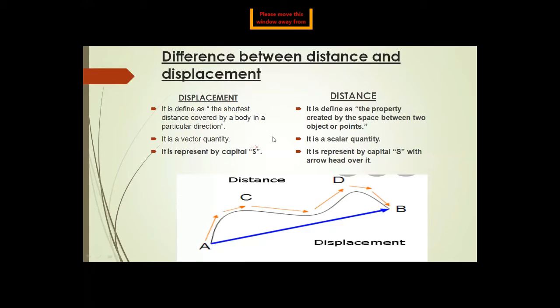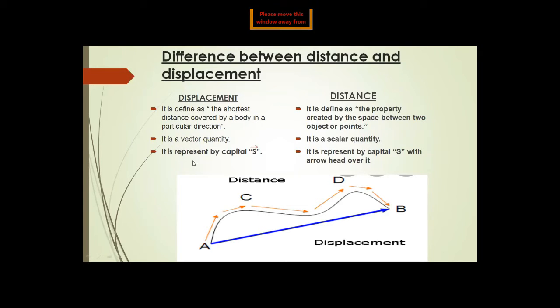For writing the difference between the two objects, first of all we just have to write the definition. So first we are writing the definition of the displacement: the shortest distance covered by a body in a particular direction, while distance can be defined as the property created by the space between two objects or points. Now the second point of the displacement is this: it is a vector quantity, while distance is a scalar quantity.